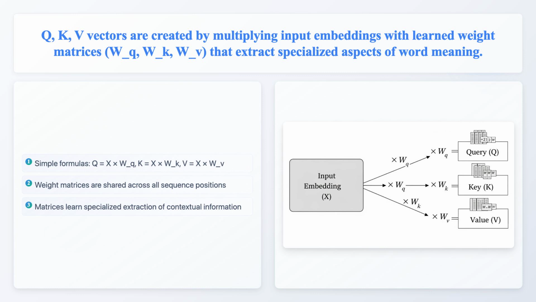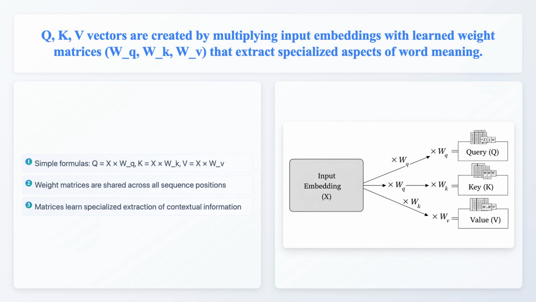Crucially, these matrices are shared across all positions in the sequence. The same W_Q transforms every word's embedding into its query vector. This sharing is what allows the model to generalize patterns across different sentence positions. For data scientists, understanding this parameterization is key. These matrices contain the learned knowledge about language relationships.